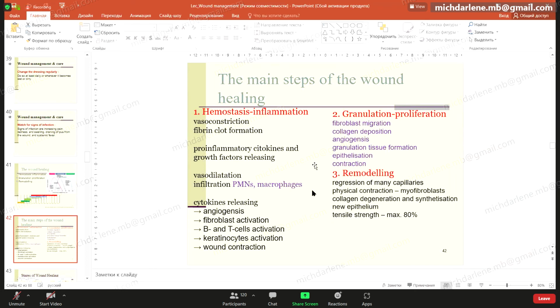Granulation proliferation, you can check which cells play a great role in this stage, but in this situation your role as a doctor is to meet them every day changing the bandage, you must clean this wound, you must change the antibiotics, and remodeling, it's your winner time.